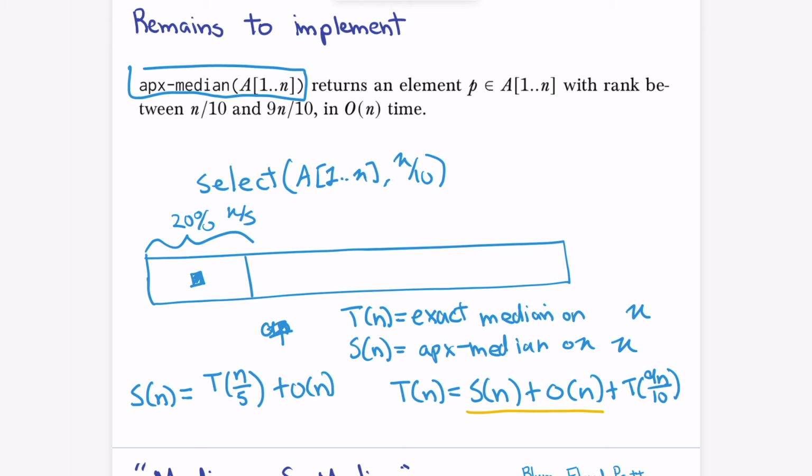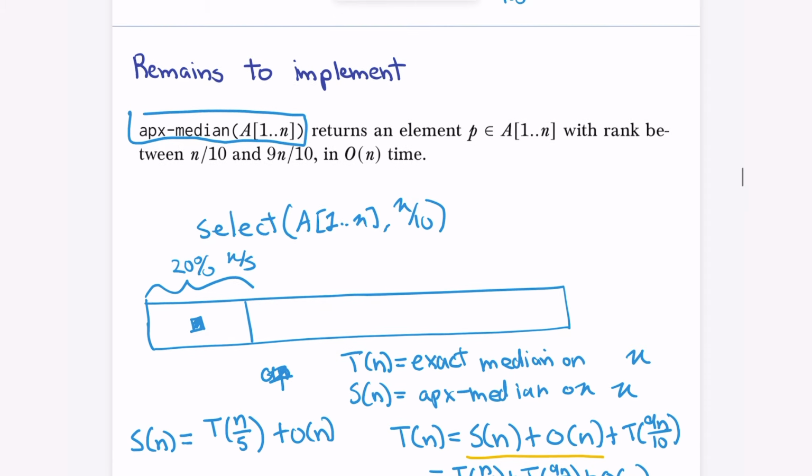So if I plug this back in, if I just substitute in for S of n is equal to T of n over 5, so I can put everything just in terms of T, I'll get T of n over 5 plus T of 9n over 10 plus big O of n. Okay?